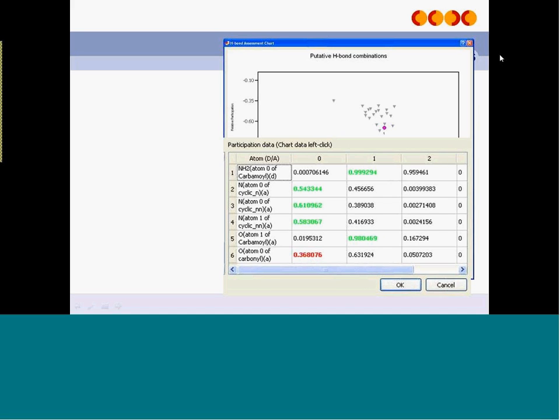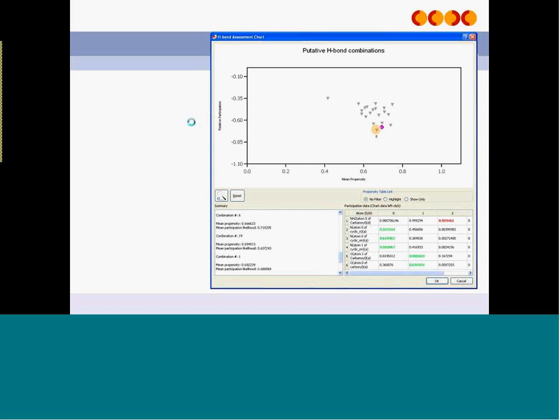And so we can see quickly that the NH2 group is participating once, which is an optimum outcome in this case, which is why it's colored in green. The nitrogen acceptors aren't accepting, which is the optimum outcome for them. Our carboxamide oxygen is accepting, which is good. But the carbonyl oxygen is not accepting, it's not involved in hydrogen bonds. So in this solid state, we can see that this carbonyl group is not involved.